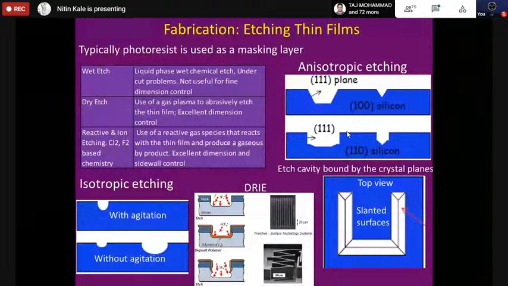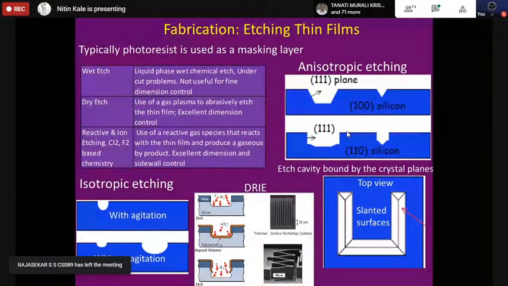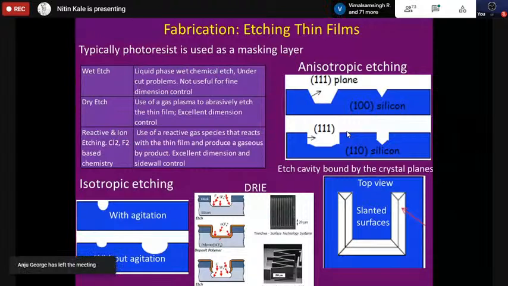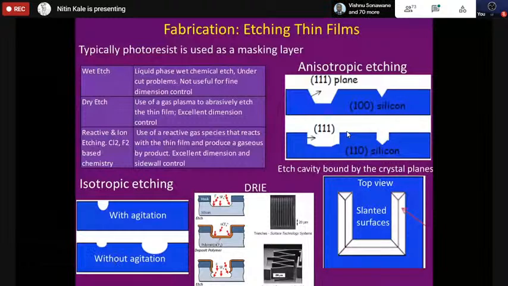Dry etch will use a combination of gases in a plasma chamber. Again, all the precursors are going to react with the components of the film and form some volatile components, and those will be removed in the case of dry etching. In the case of wet etching, they will be dissolved in the solvent.